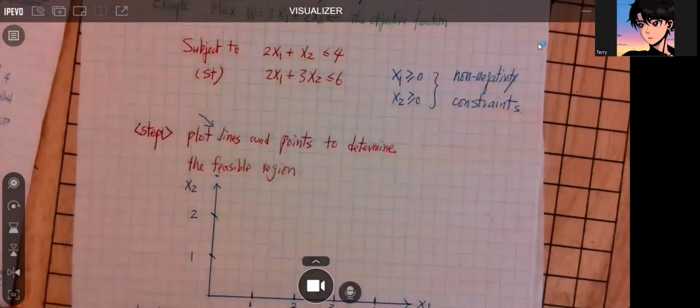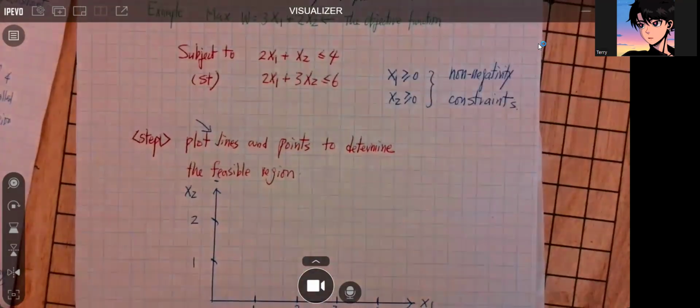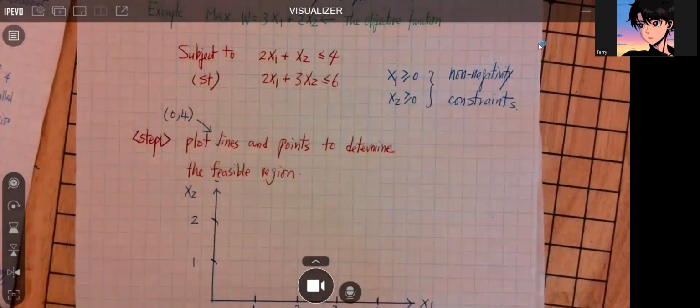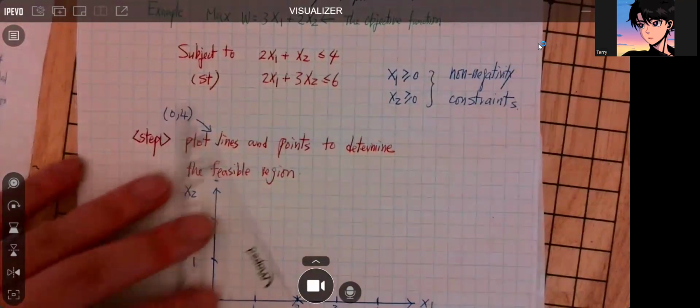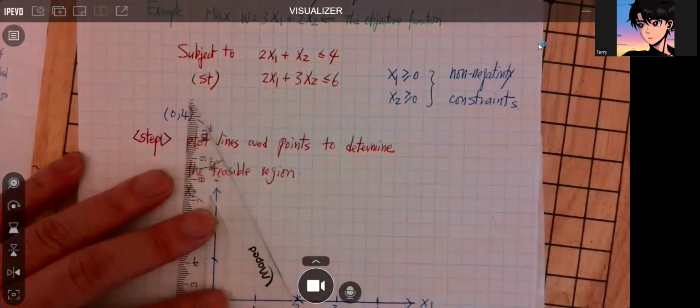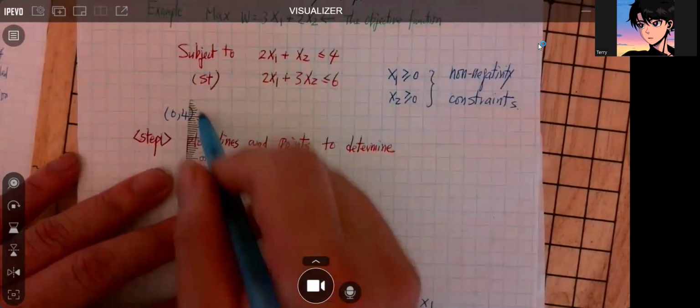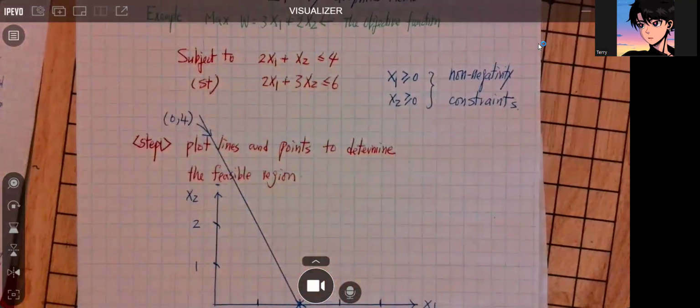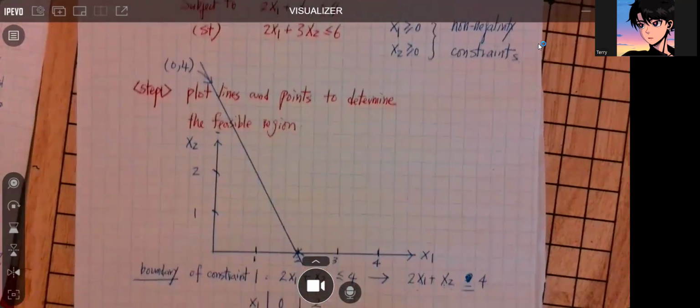This point is going to be 0, 4. And 2, 0. When x1 is 2, x2 is 0. So we join the 2 points by a line. This is the line we're looking for.